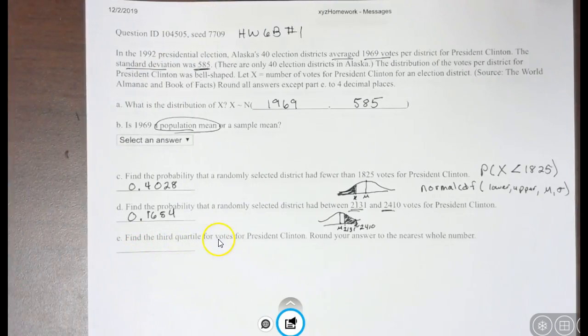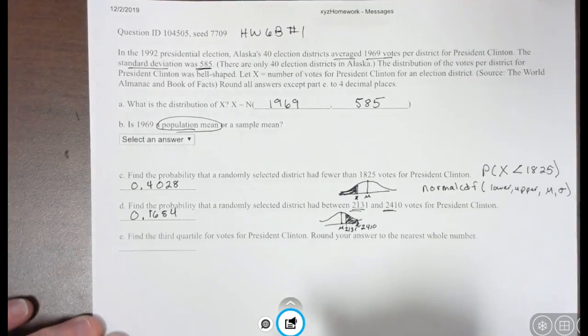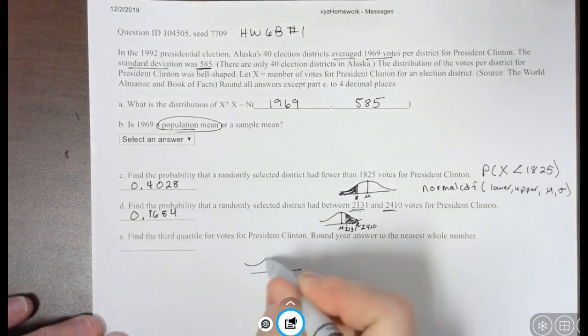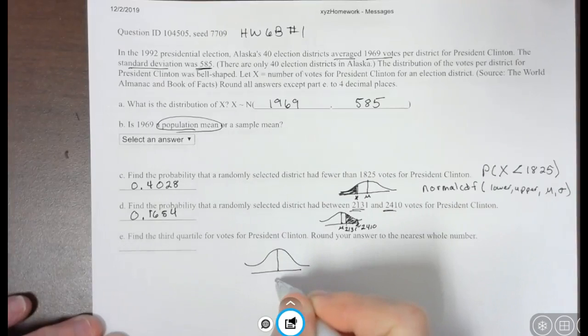All right, now let's look at our last question. It says, find the third quartile for votes for President Clinton. Round your answer to the nearest whole number. Okay, so if you remember our third quartile, that would be 75% of the votes. So again, draw a picture. Now remember my mean, that's going to be my 50th percentile. So my 75th percentile would be somewhere over here.